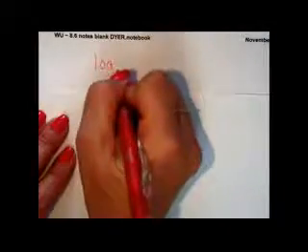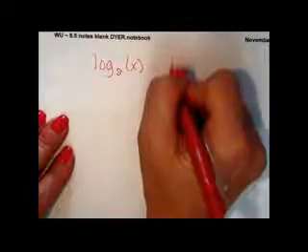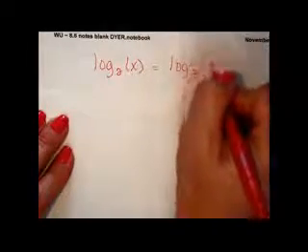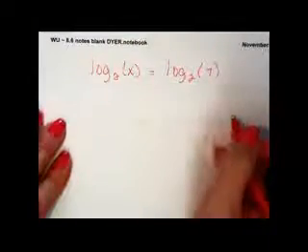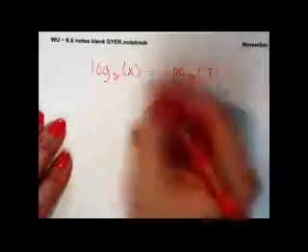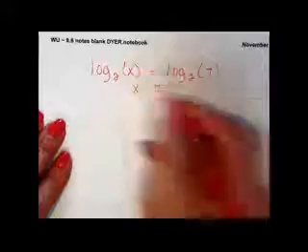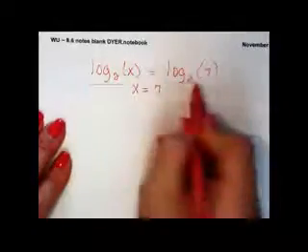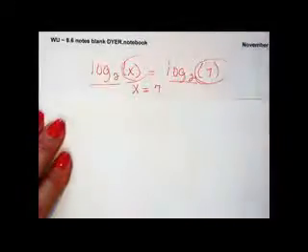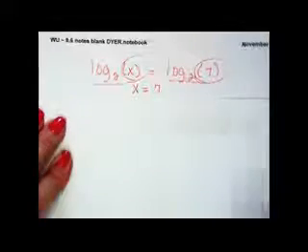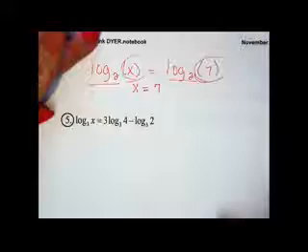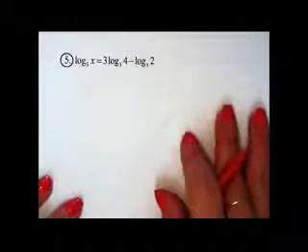If I had log base 2 of x equals log base 2 of 7, well, if this has to be exactly equal to this, then x has to equal 7. If these are the same, then these also have to be the same. That's just logic, okay? So we're going to use that logic to work our next problem.